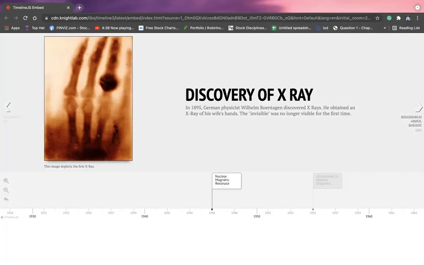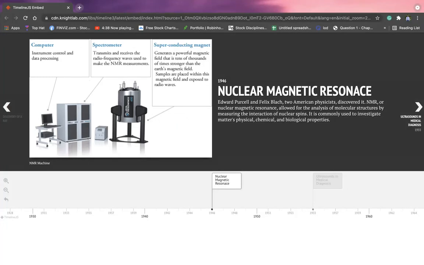And then in the year of 1946, we have nuclear magnetic resonance, which was created by two American physicists named Edward Purcell and Felix Bloch, who discovered NMR, or nuclear magnetic resonance, which allows for the analysis of molecular structures by measuring their interaction of spins. And it's most commonly used to investigate a matter's physical, chemical, and biological properties.